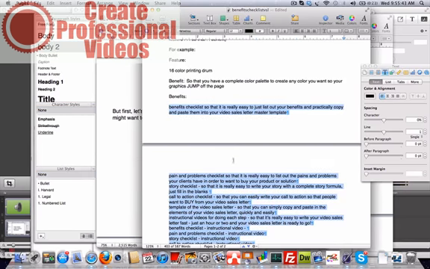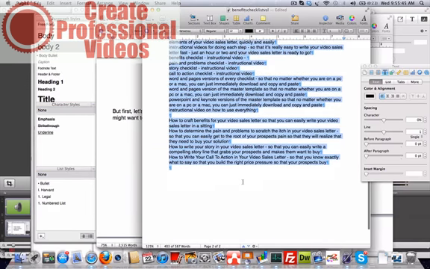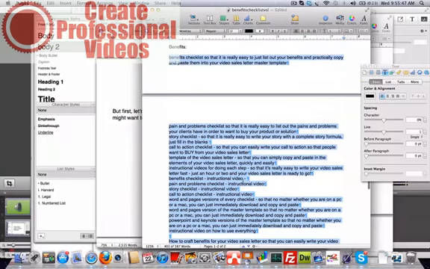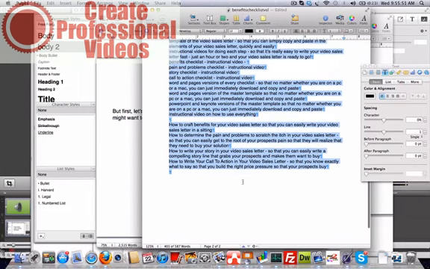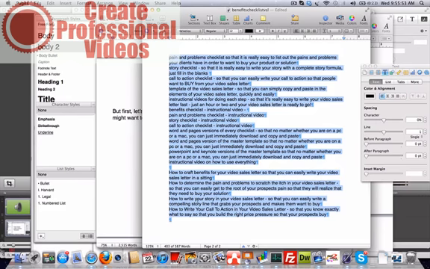So we'll go ahead and pull the benefits checklist up, and we created a benefits list of what someone would want, what you would be teaching someone to do if you were selling information.